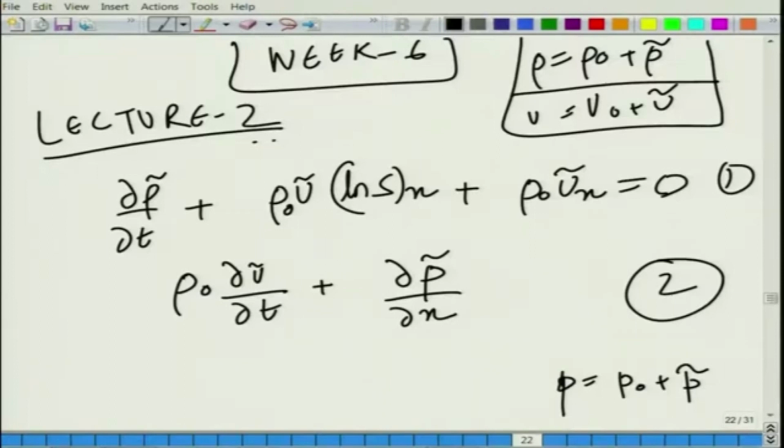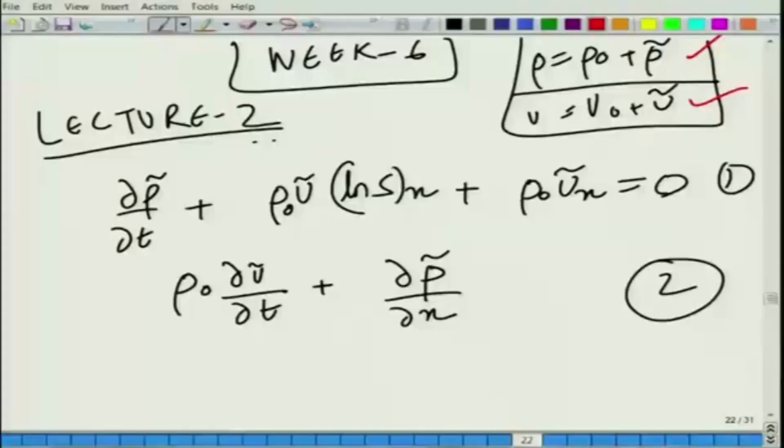Now, once we substitute these in the continuity equation and drop the second order terms, based on the non-dimensionalization arguments that we presented in the week 1 lecture, rho tilde times u tilde is a second order term, or rho tilde times u tilde x is also a second order term regardless of the derivative.